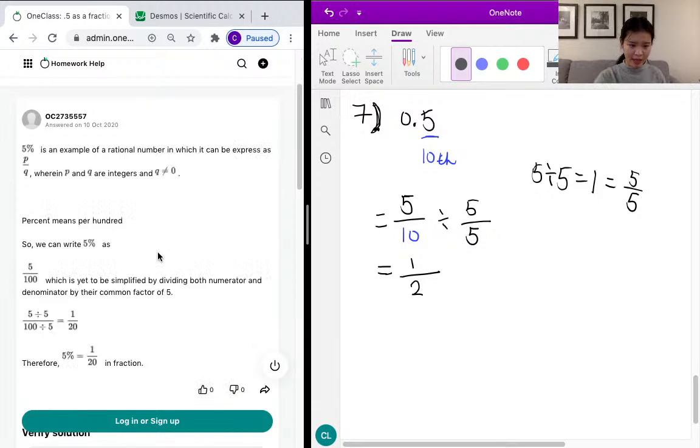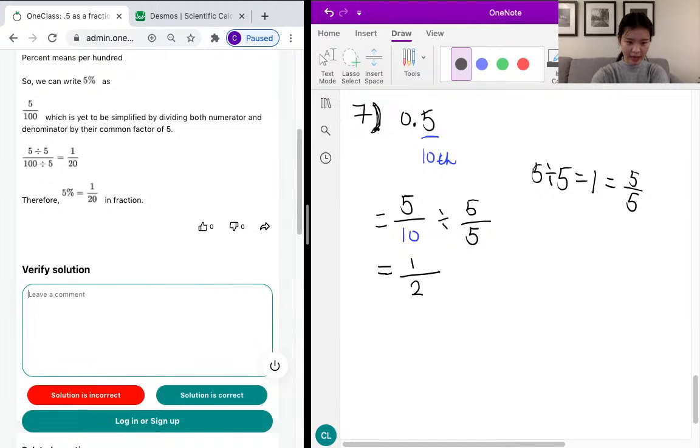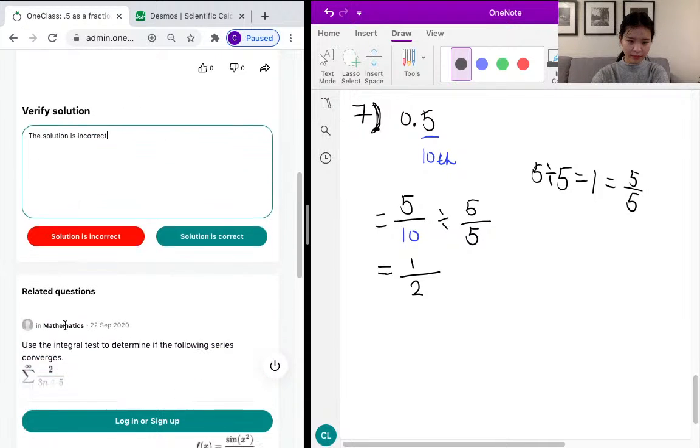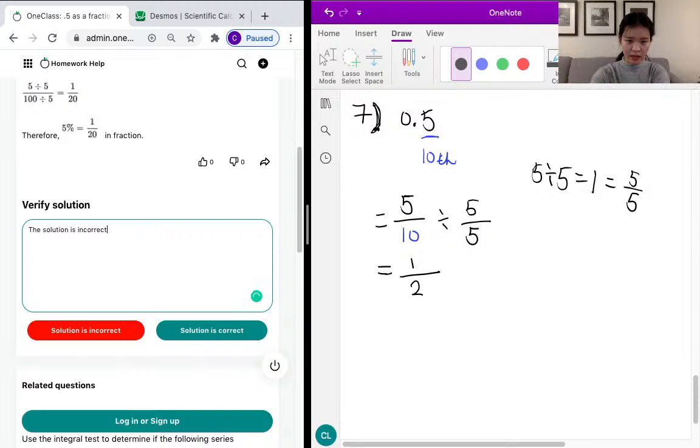Okay, so let's just say the solution here is actually not correct. The solution is incorrect because 0.5 is 50%, while 0.05 is 5%. 0.5 as a fraction is actually 1/2, not 1/20.